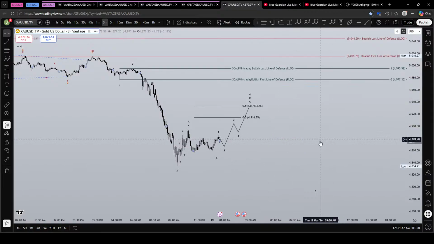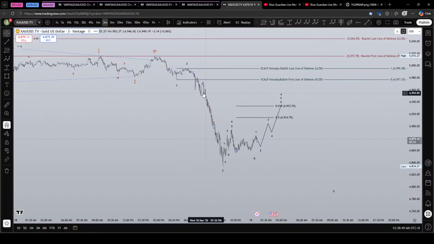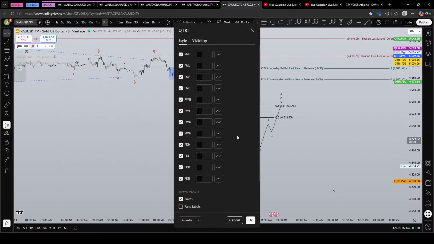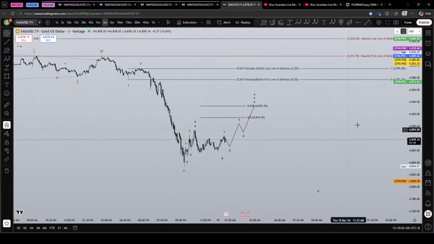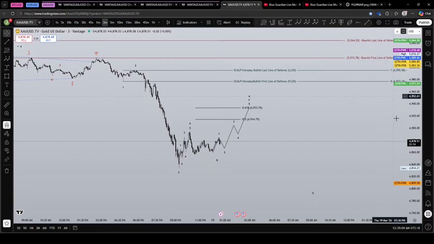Okay? So, what will be the possible entry here? So, allow me to activate my personally coded indicator. In terms of my previous body candle theory, I don't see there's one. The PTL can be a good entry for shorting.